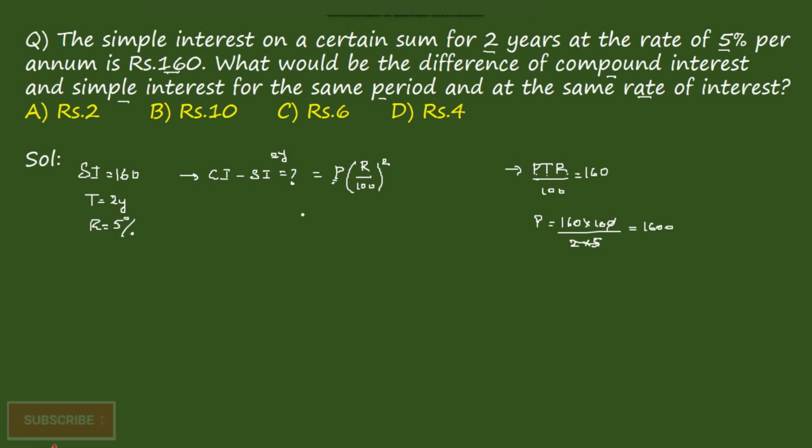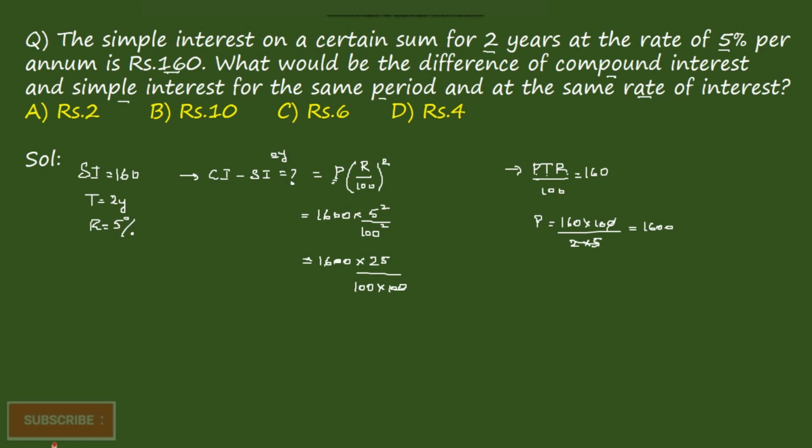Rate is 5, so just substitute it. We get 1600 into 5 square by 100 square, which is equal to 1600 into 25 by 100 into 100, right?